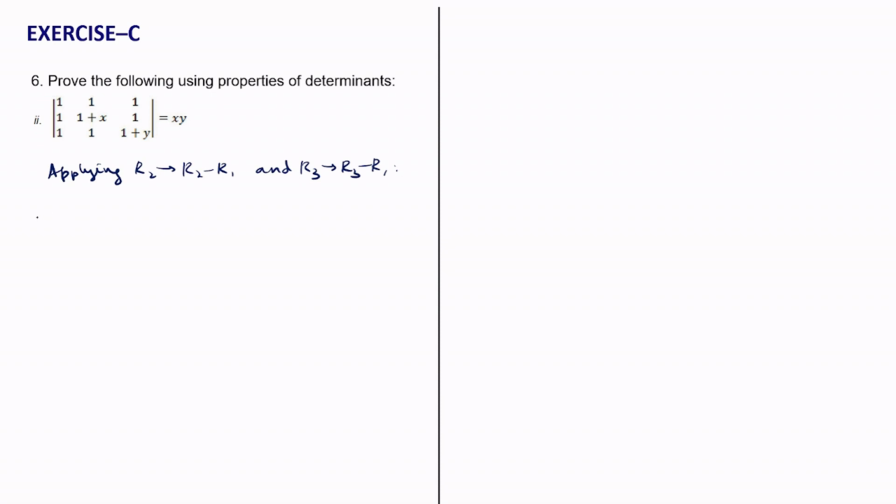So we get the left hand side as: first row remains the same, 1, 1, 1; then 1 minus 1 is 0, 1 plus x minus 1 is x, 1 minus 1 is 0; then 1 minus 1 is 0, 1 minus 1 is 0, 1 plus y minus 1 is y. Now let us expand along C1.